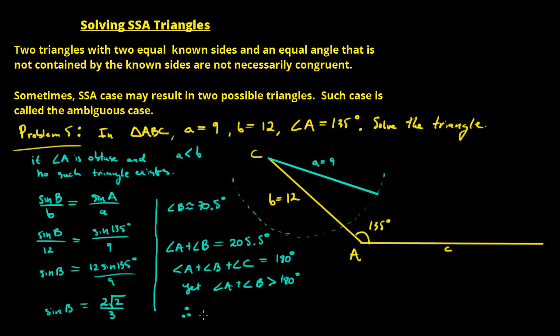Therefore, no triangle exists. So that's just one more piece of evidence that this triangle is impossible. No triangle exists with these parameters. Okay, I should have said no such triangle exists, but that's okay.